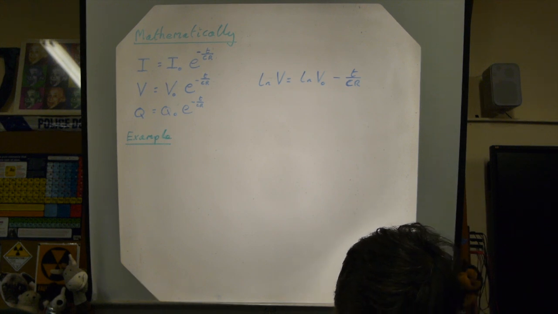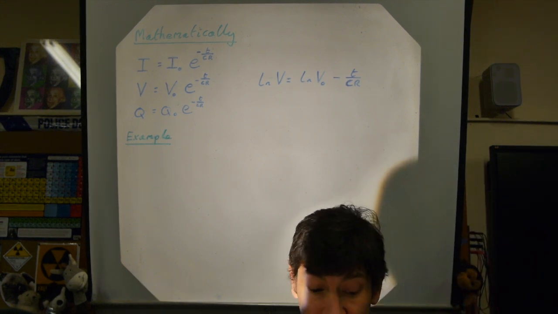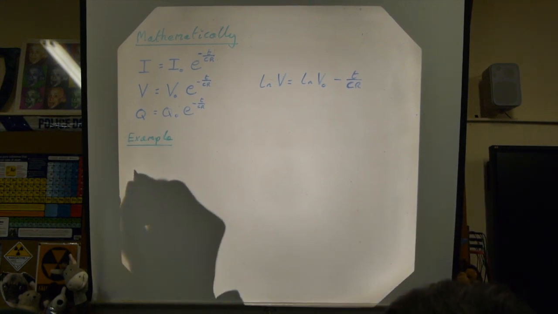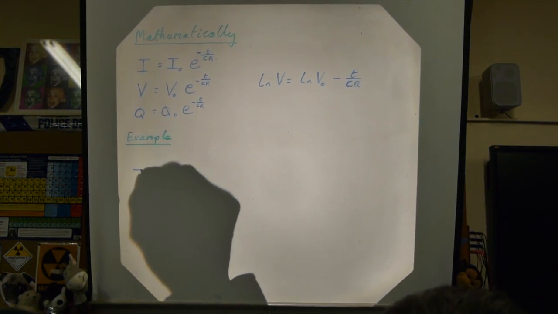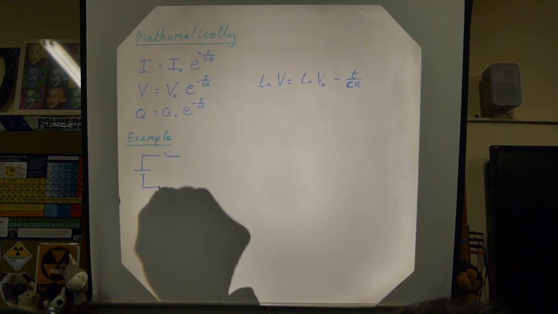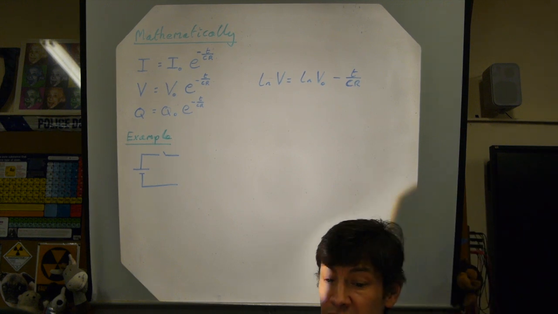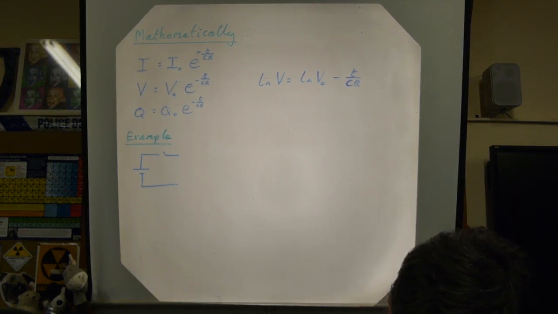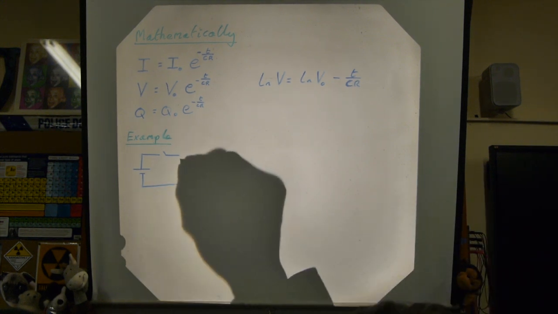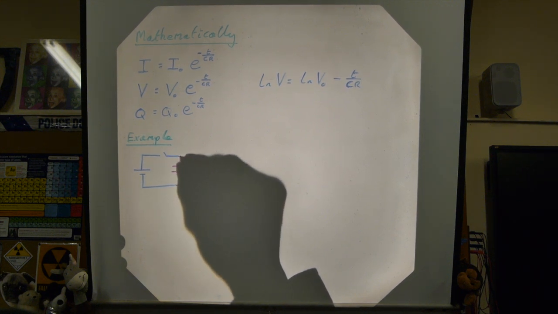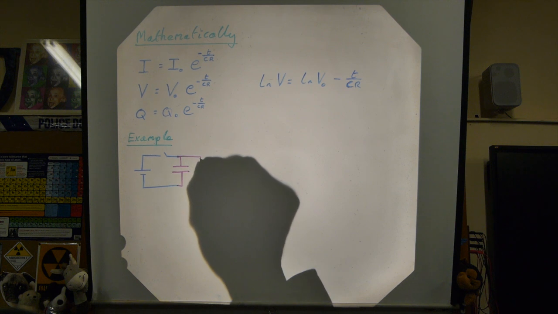Okay, so if you remember, this is what the circuit looked like. It's good to draw the circuit again so you remember these things. So here was our charging device, our charging battery, and then what we had was a CR circuit. So here is our capacitor, and here is our resistor.